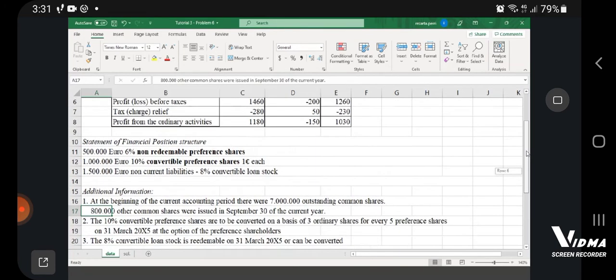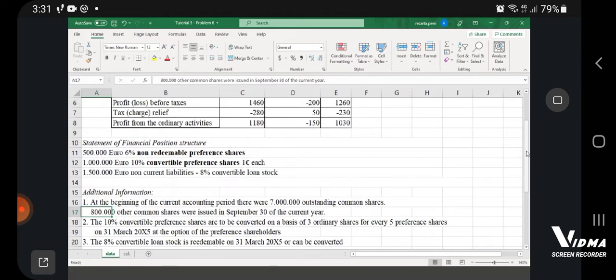We start on 1st of April, so it's April, May, June, July, August, so in September. That means after 6 months. So again, from the beginning of the year, which starts on 1st of April, until 30th of September, 6 months have passed, or this amount has been in issue for 6 months, okay?